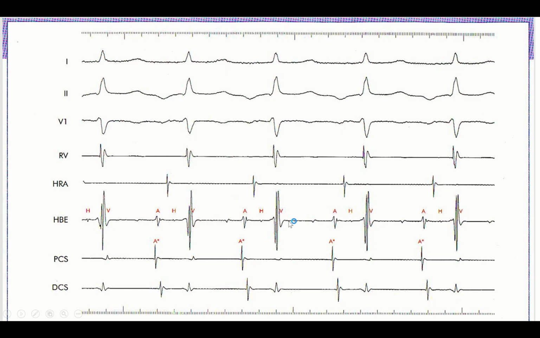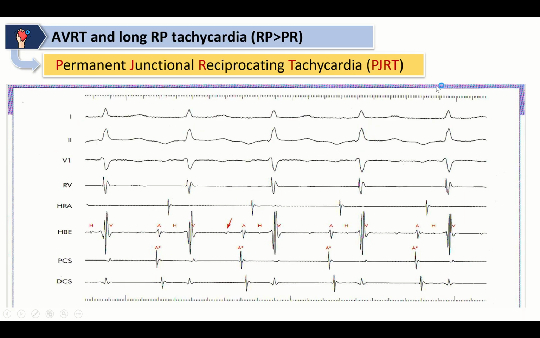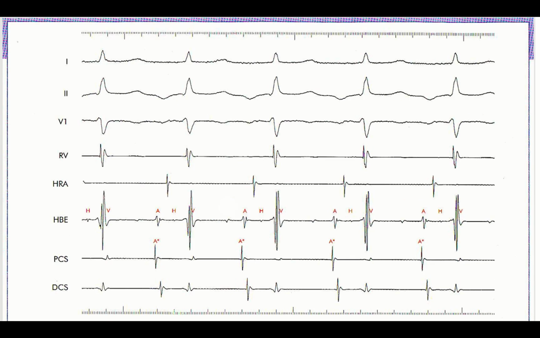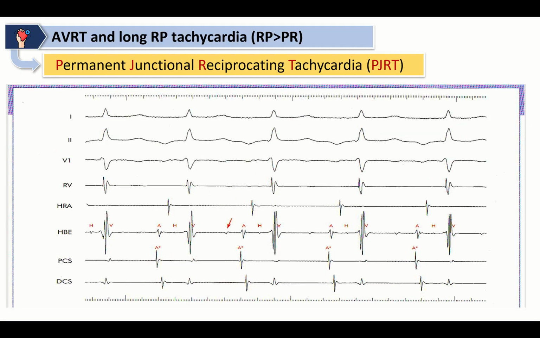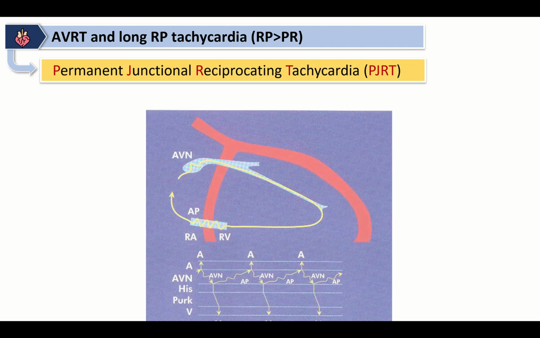We can appreciate the HA or VA time, it takes longer. And this is the exception of PJRT, which is long RP tachycardia, the only exception of AVRT in which the VA time is very long, and it is a common scenario in pediatrics.